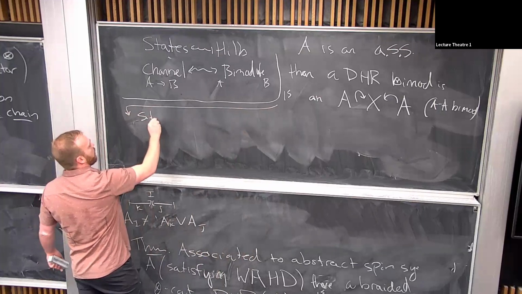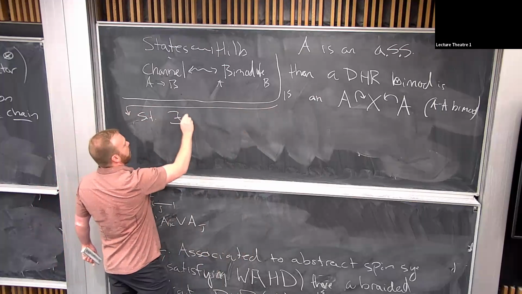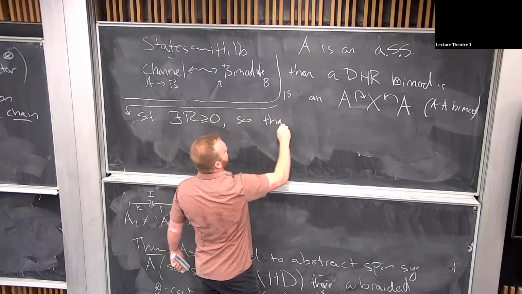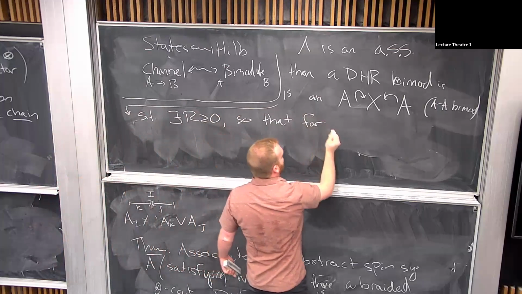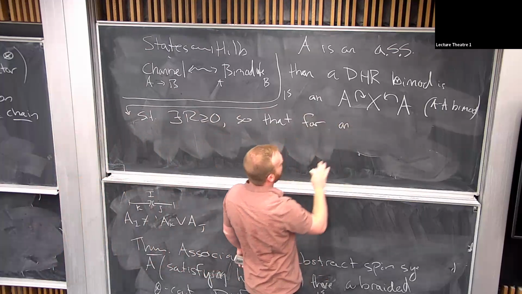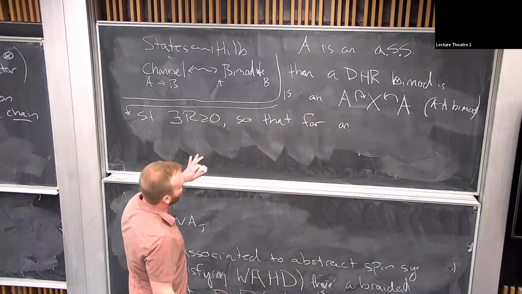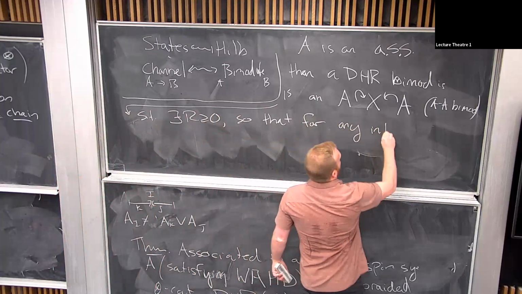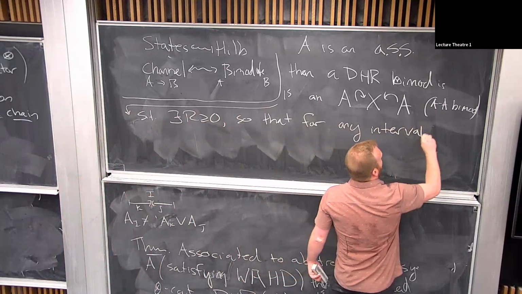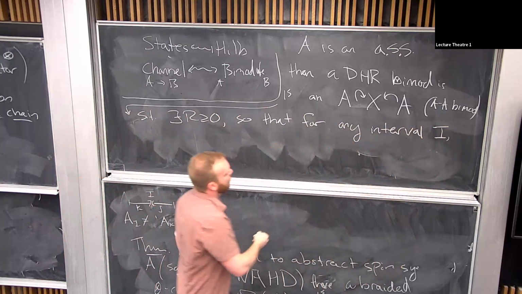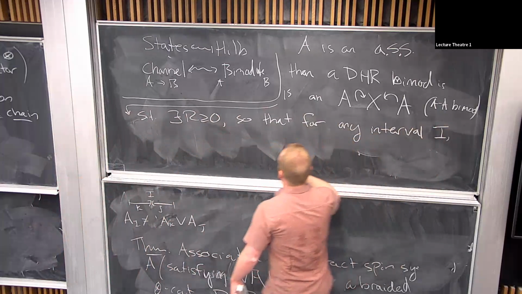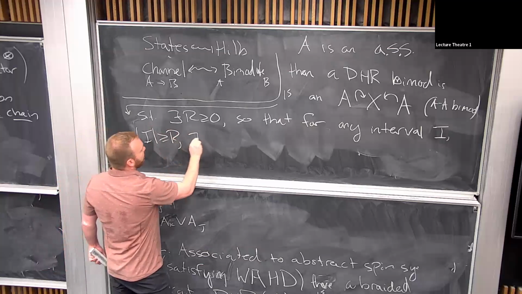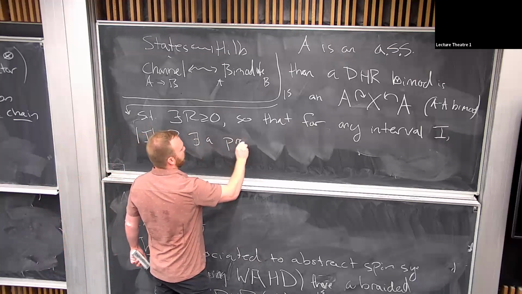Such that there exists an R so that for any interval of size at least R, I'm going to give you the definition in 1D, but this makes sense in higher D. For any interval I with size of I bigger than or equal to R, there exists a projective basis.